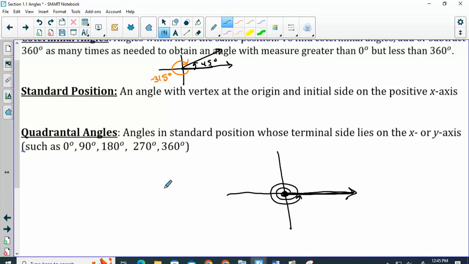Quadrantal angles are angles that end on a quadrant break, so on an XY axis. We know this one, that's 0 degrees. If I drew an angle that started here and ended here, what's that measure? 90.